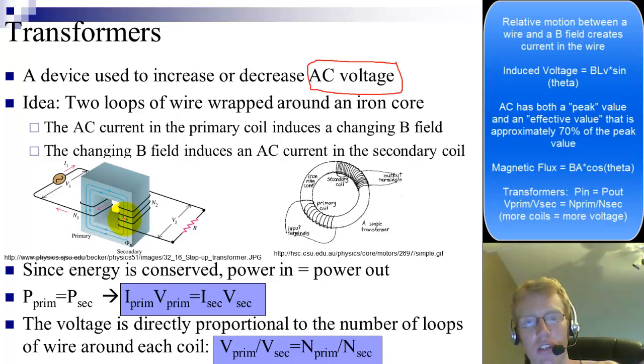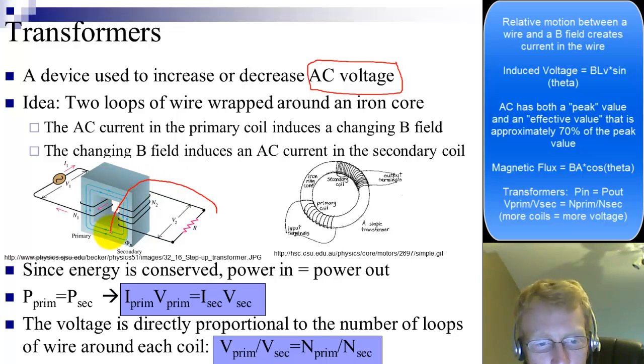Or you can even take these two loops of wire and make them concentric with each other so that they're around the same iron core. So you're going to turn on and off a magnetic field here, which creates current in this secondary wire. This secondary wire has no actual battery or power source connected to it. Its created current, or induced current, is caused by the changing magnetic field from the first source.